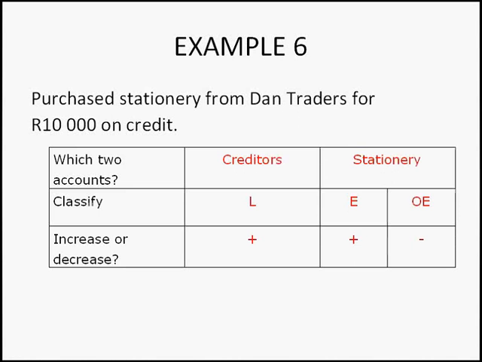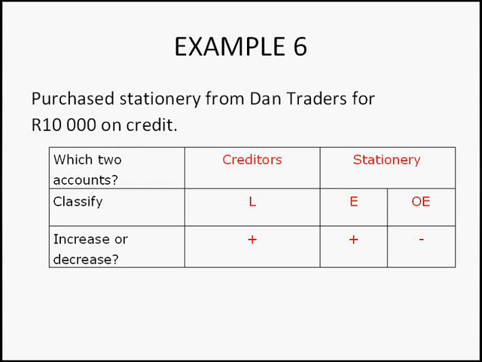Okay, let's classify these accounts quickly. Creditors is money we owe to Dan Traders now. So Dan Traders is a creditor and therefore creditors are seen as a liability. On the other hand, we bought stationery. Now what is stationery? Stationery is something that we use in the company on a daily basis. It's not stock, because stock are things that we can resell for a profit, or that we use in the operations of the business, and stock are seen as assets.